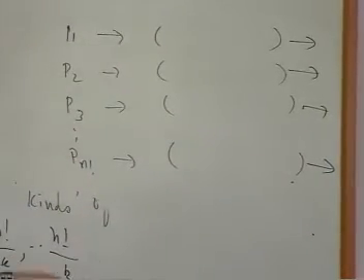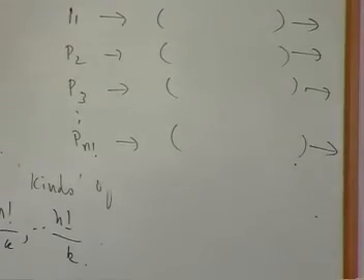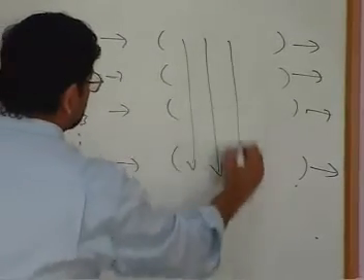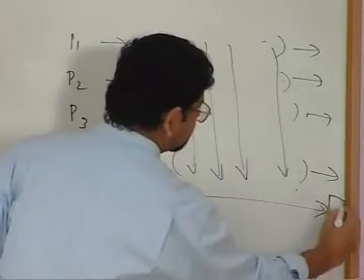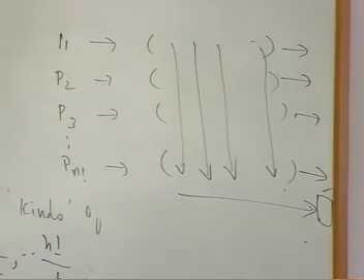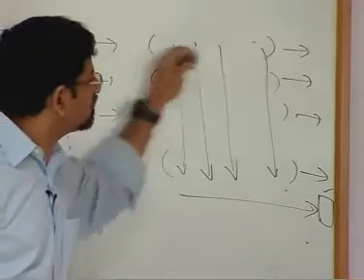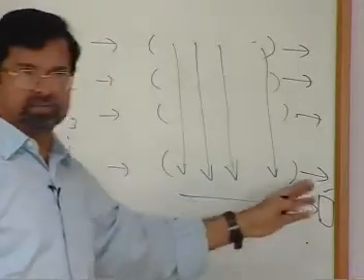Instead of adding all of them that way, what you can do is the following. You add all this, you add all this, you add all this, and add all this. What you get here will be the same. In other words, what was suggested was to add row wise and sum everything.